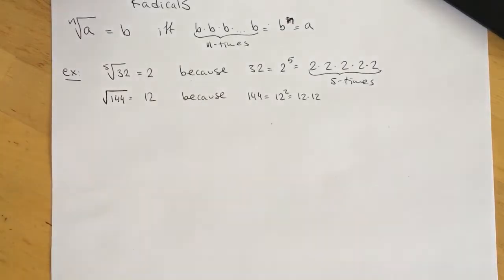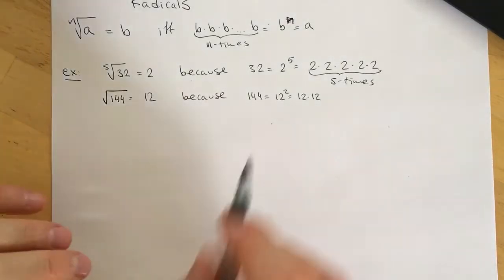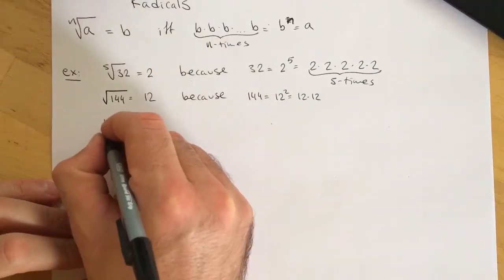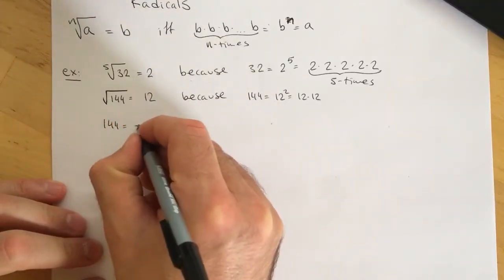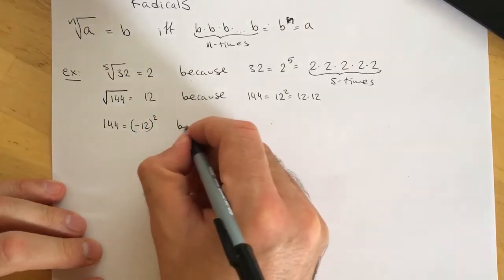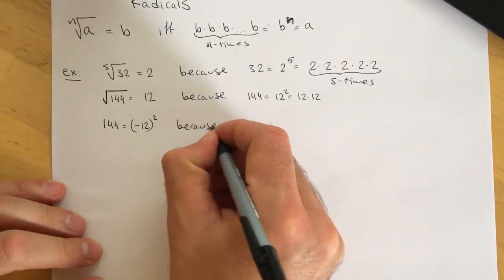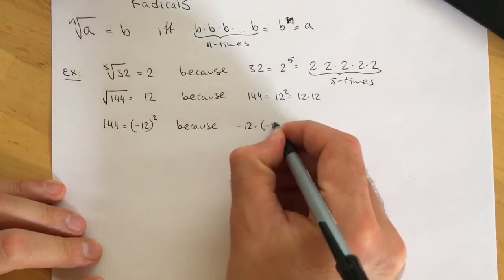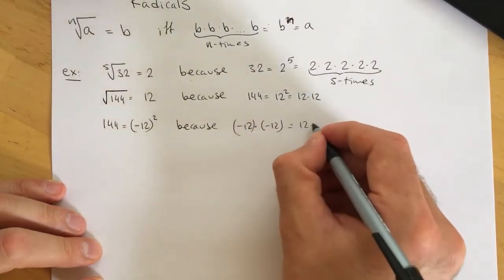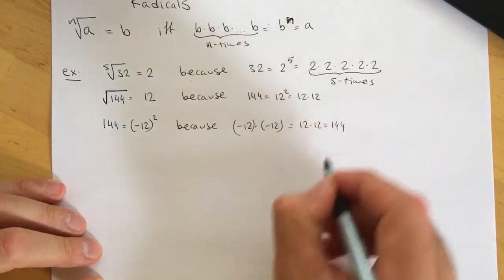Now the first thing that we have to deal with right away is the fact that 144 is also equal to negative 12 squared, because negative 12 times negative 12, negative times negative becomes positive, and then you have 12 times 12 is equal to 144.